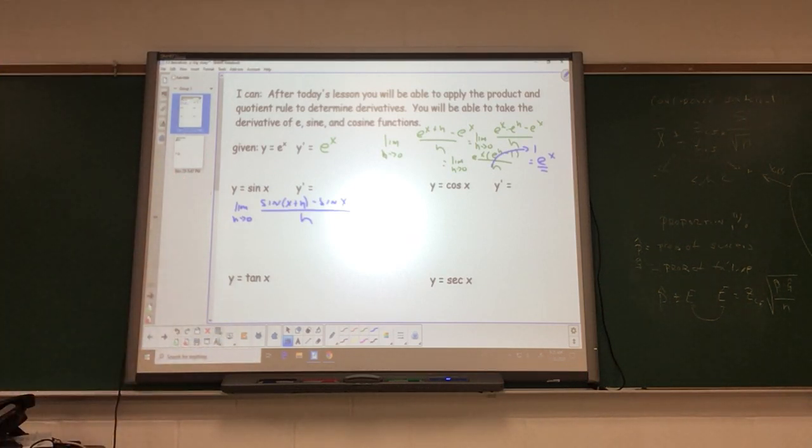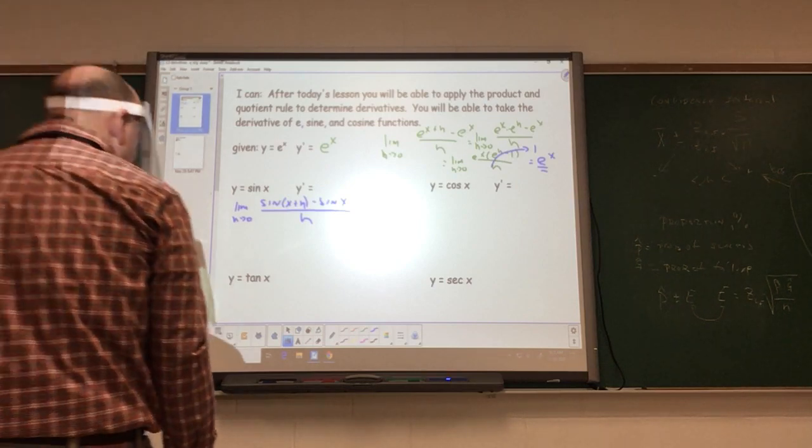We have to still utilize the same property in principle. Because if I went t is approaching x, I'd have the sine of t minus sine of x over t minus x. I guess I could use my sums and product rules. I never thought of that. I could use my sums and product rules to be able to solve that. But this is a little bit easier to deal with.